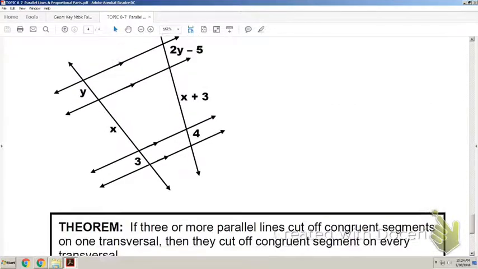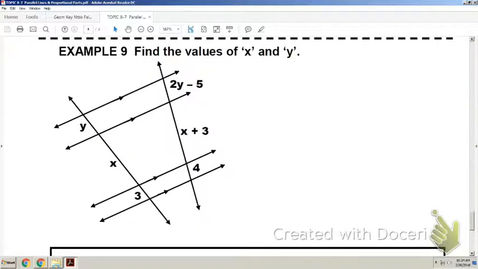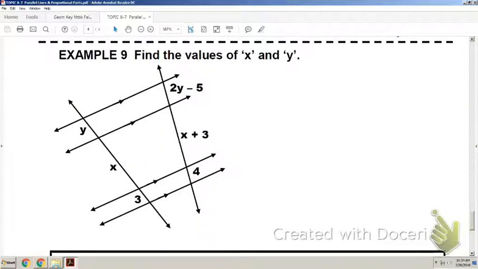Okay, we have 2 more examples. Example 9, we have to look for x and y. So first I'm just going to focus on x. So I'm going to take x over 3 equals x plus 3 over 4. And that's how I'm going to set up the proportion for x.